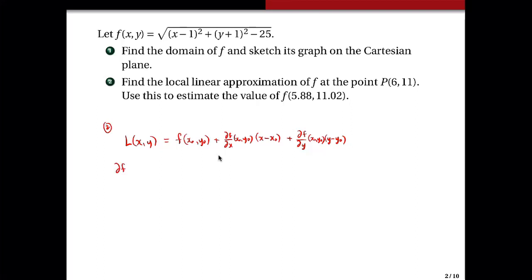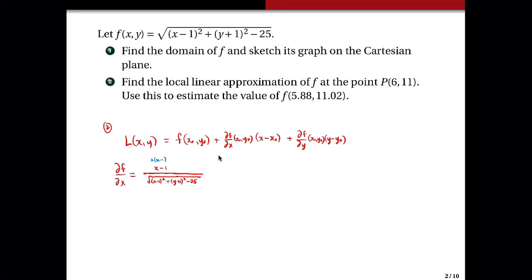First, partial of f with respect to x, it's just a derivative. We hold y as constant, so we will have here x minus 1 divided by square root of (x minus 1) squared plus (y plus 1) squared minus 25. And notice you have actually 2 times (x minus 1).